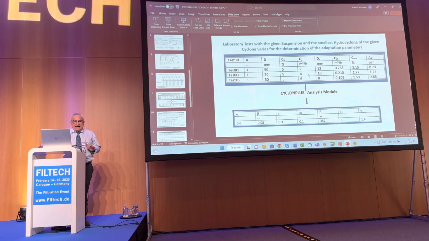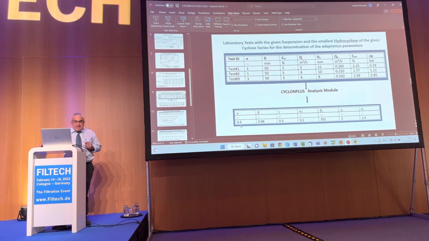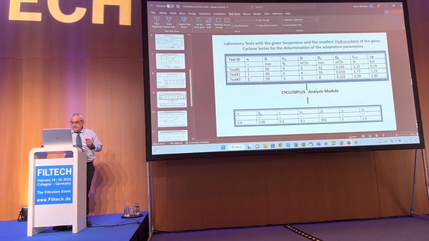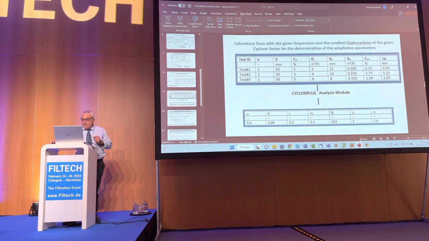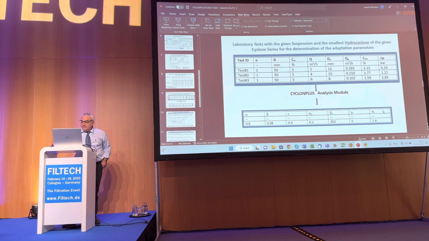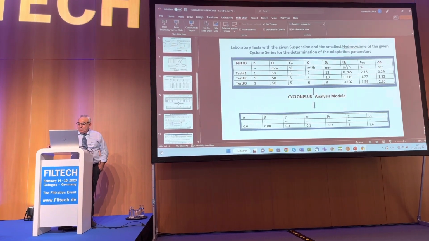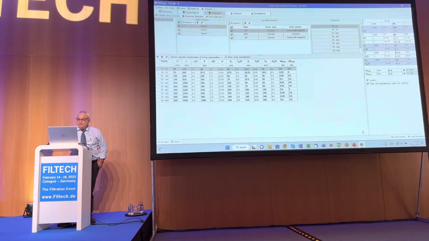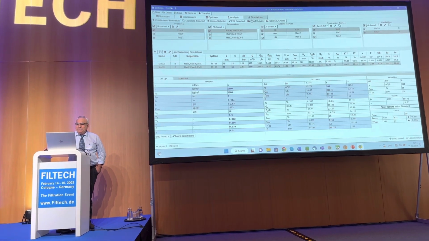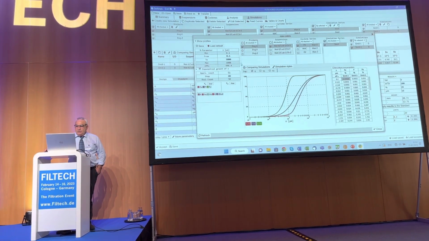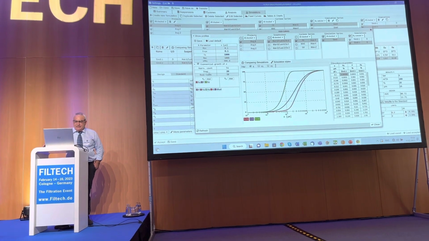With this data, we get as a result, as you see, these 7 adaptation parameters: alpha, beta, gamma, alpha 1, beta 1, gamma 1, and here the sigma S. What is the sigma S? The sigma S is actually relevant when we proceed with simulation and we have the fit curves here.